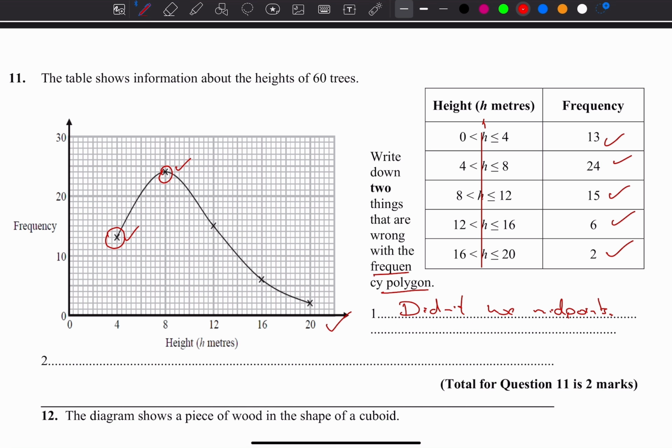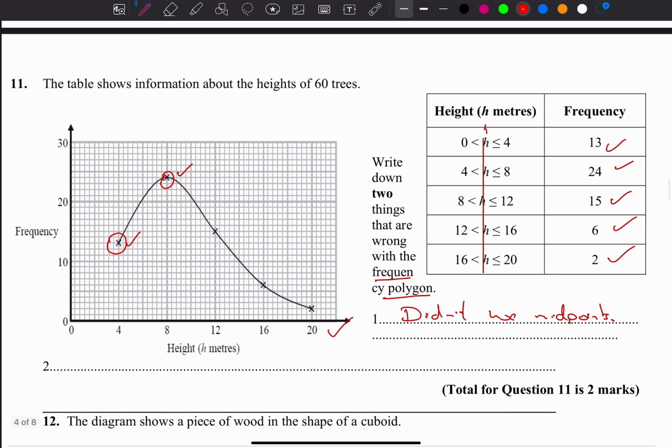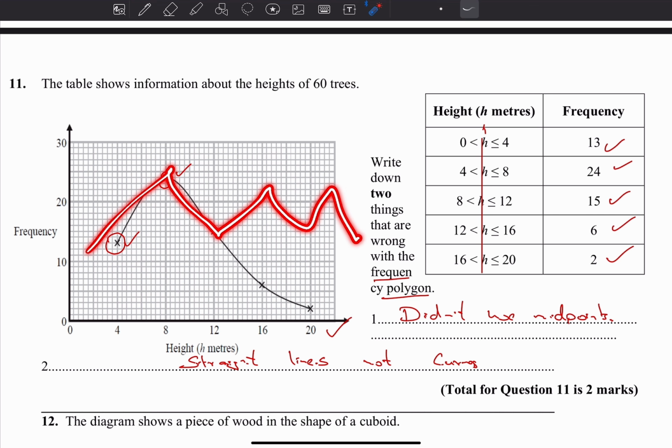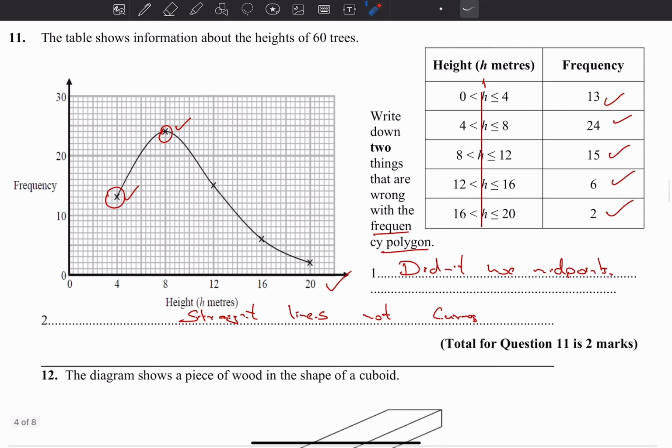If you're looking at it, it seems like nothing's wrong. But remember, it needs to be straight lines, not curves. Look, these are curves. No. It needs to be a straight line, more or less midpoint, then it goes straight lines. No curves. Okay, straight lines.